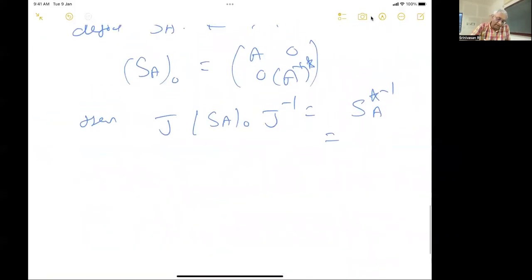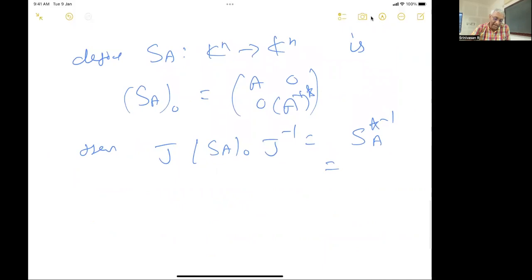So if you can verify J S_A J inverse equals S_A star inverse, it will be clear. You just multiply the block diagonal matrix with 1 and minus 1, and you can easily verify this. It's direct. One place will become minus, and when you do the J inverse, that minus will become plus again.